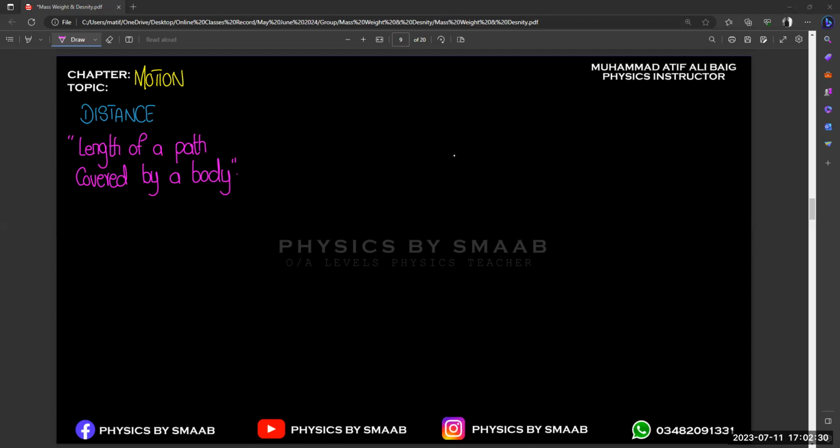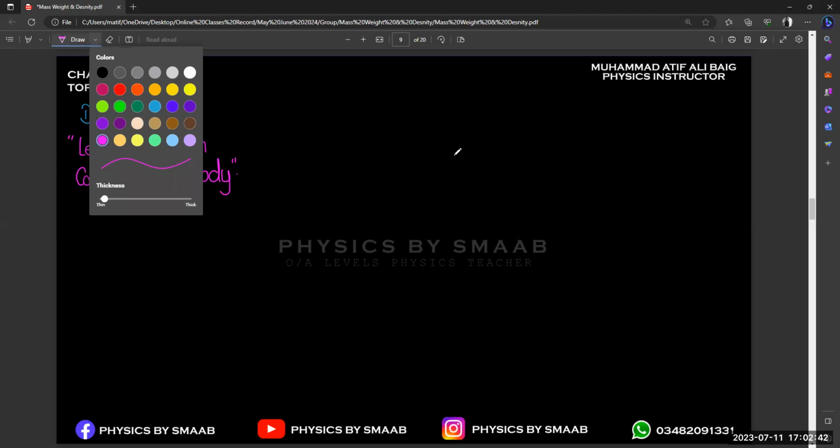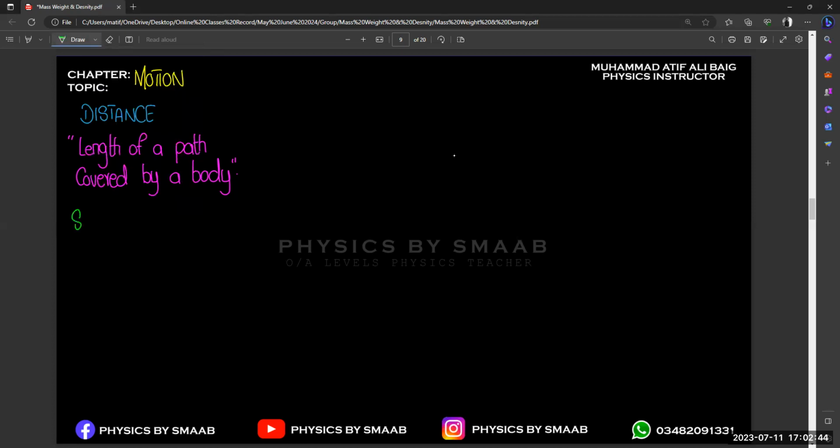Okay, so basically, if we are talking about distance, the length which we cover between 2 points, or the length of a path covered by a body, in simple words is known as distance. And if we want to talk about the symbol, there are basically two different symbols.